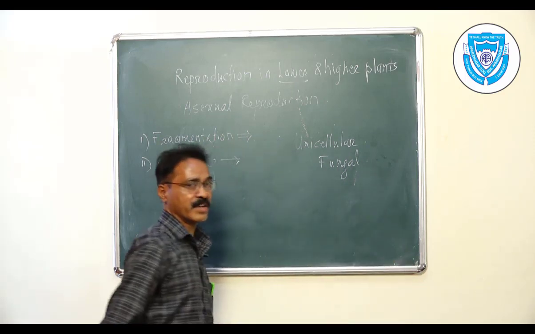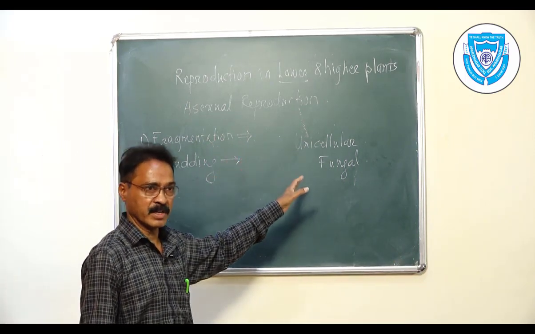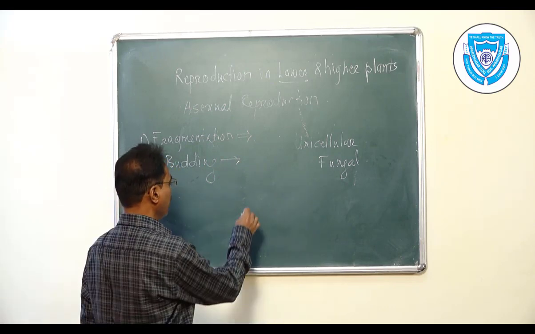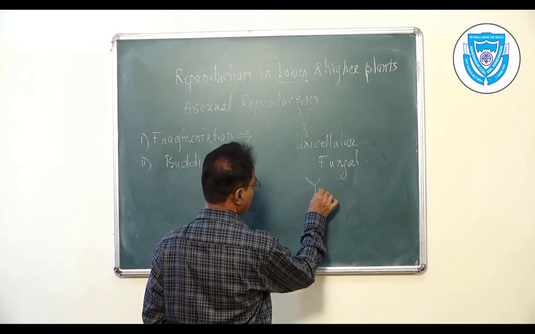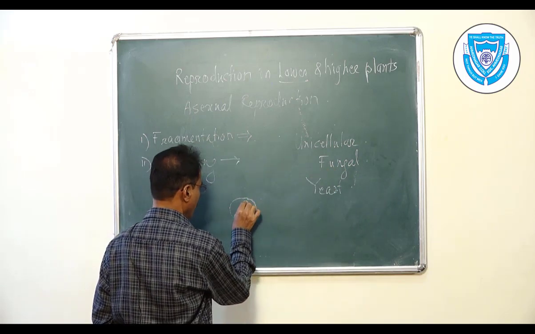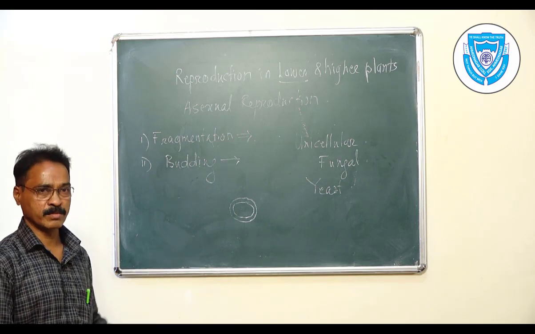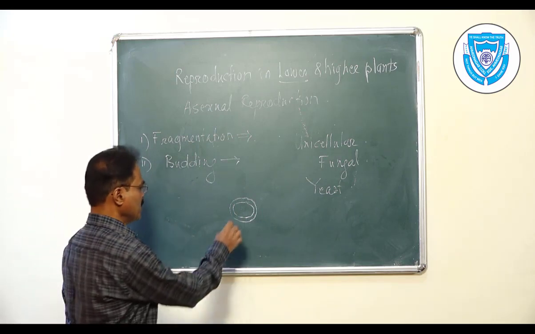First it was the algae, second this is the fungal type of member, and here the example is yeast. It is a unicellular body, and such a structure is seen under a simple microscope. This is the yeast.